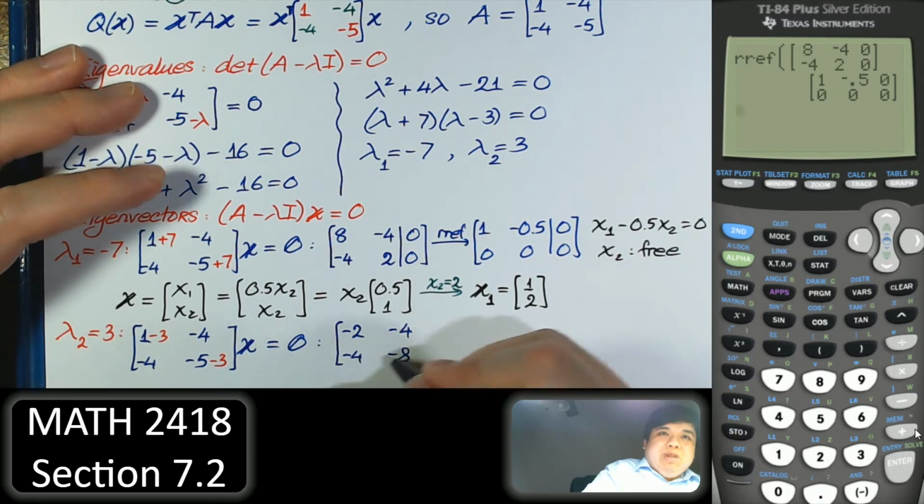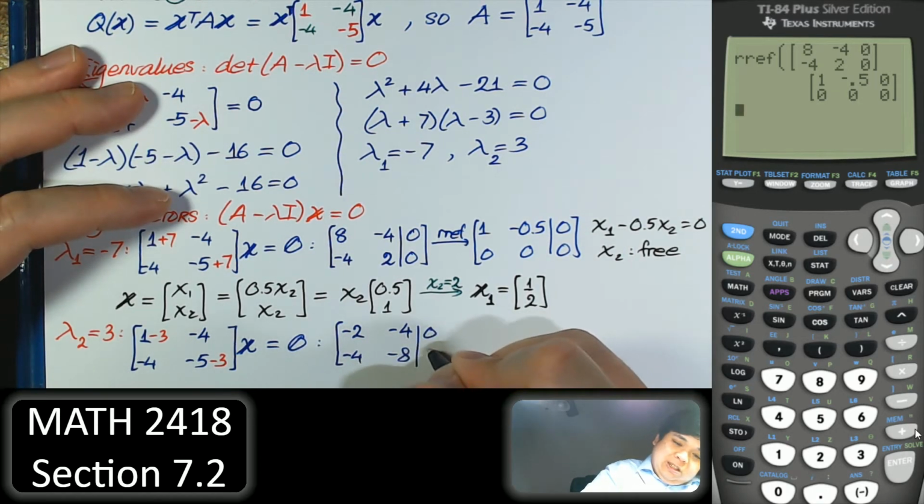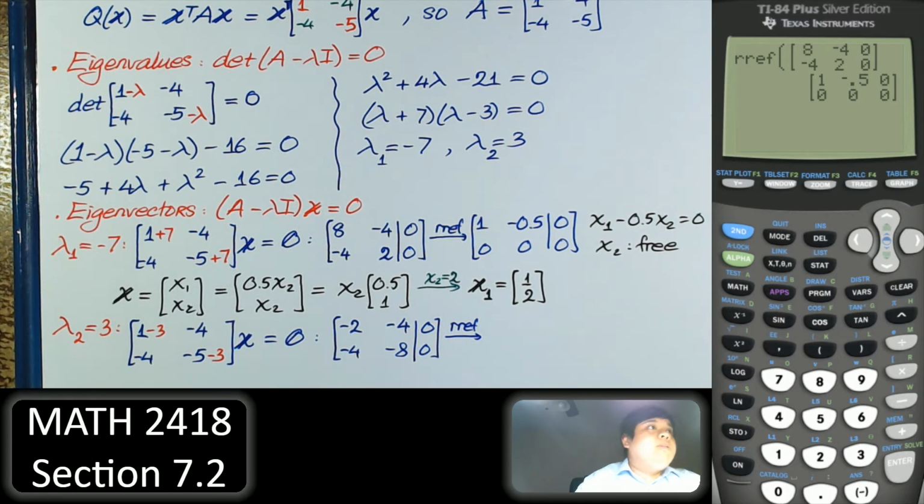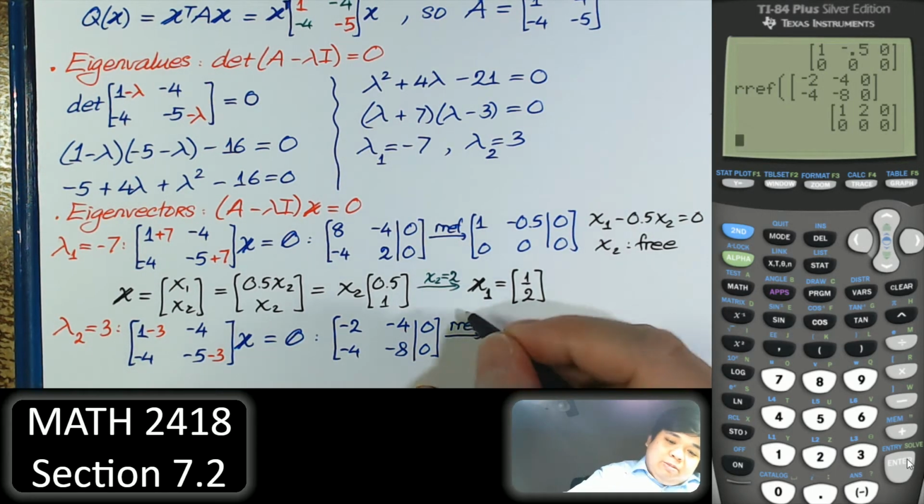Once again, they should be multiples of each other. The nice thing about this is, I just need to change the diagonal to negative 8 and negative 2, to just 1, 2.